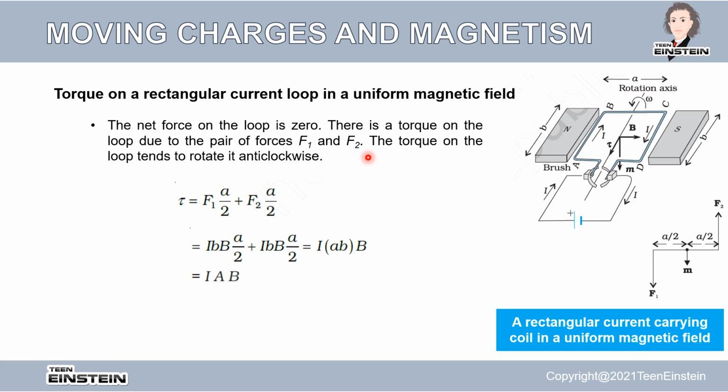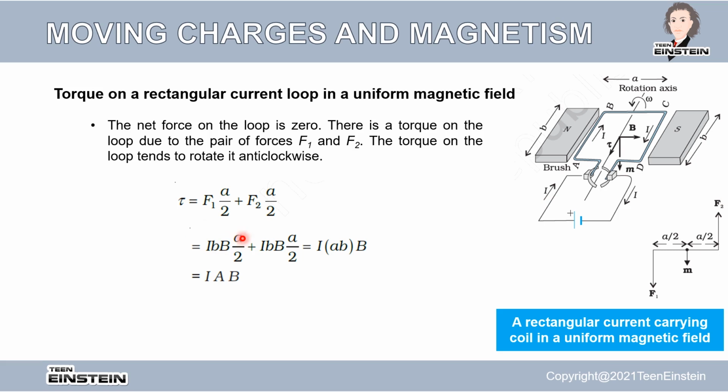So how do we calculate this torque? The torque on the loop tends to rotate it anti-clockwise in this case. Let's calculate the magnitude of the torque. Tau equals F1 a/2 plus F2 a/2, the force multiplied by the distance. The distance is a/2 from the center point, F1 is the force here and F2 is the force here. They are both equal, and the value is I b B. Let's substitute it.